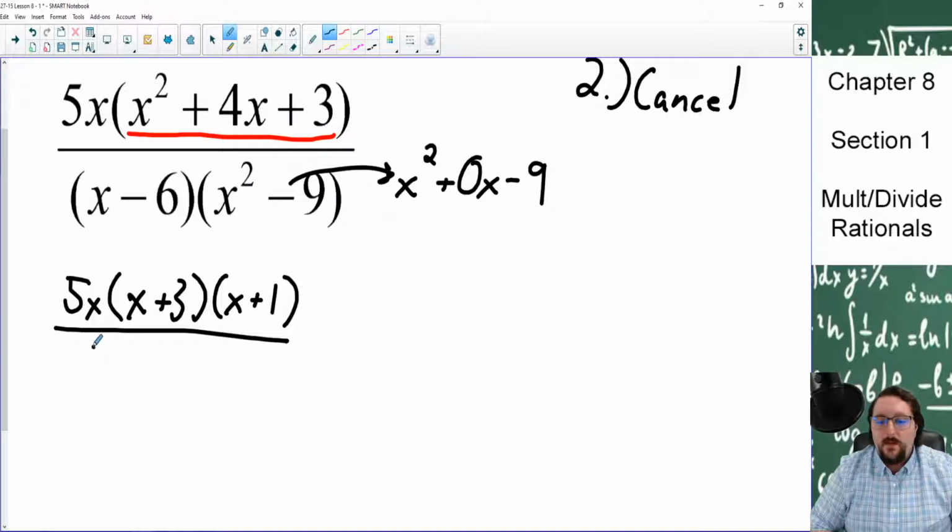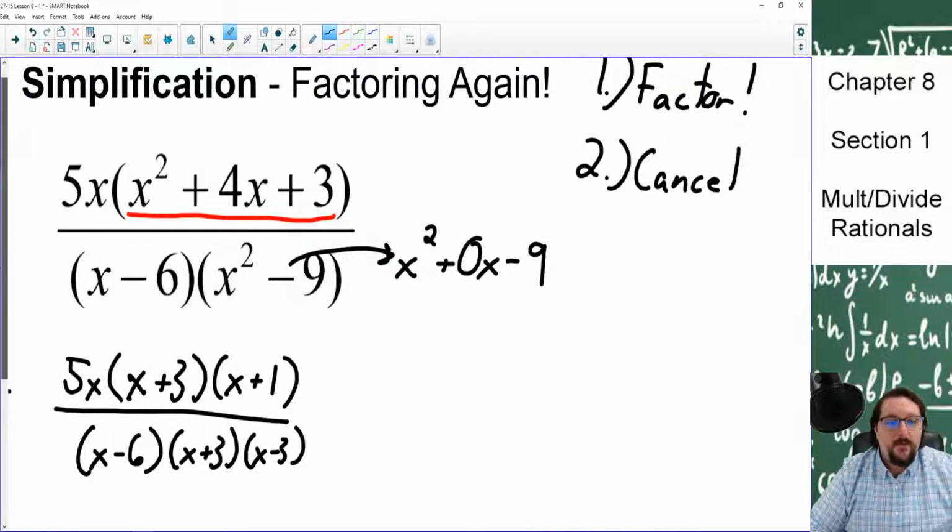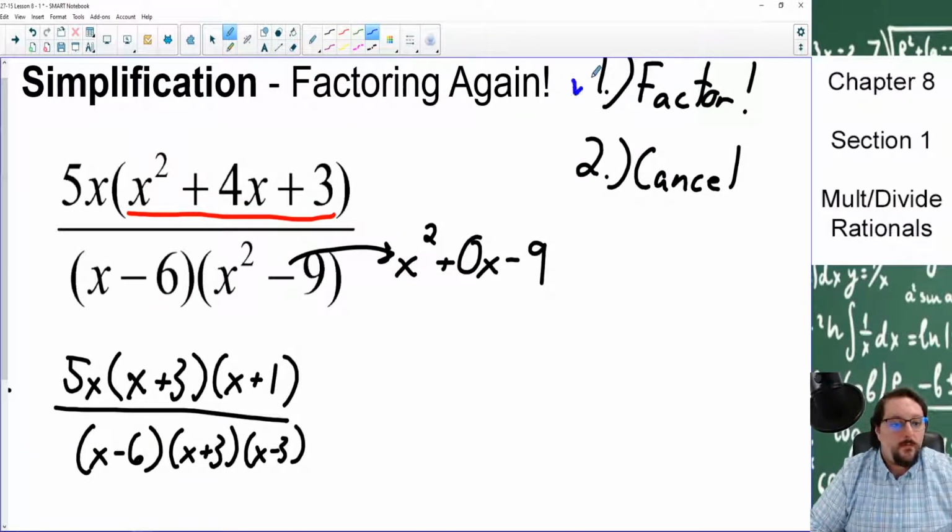And so if I think about it, numbers that multiply to -9 and add to 0, well, to my mind, I think of +3 and -3, right? +3 times -3 would be -9. And if I added them together, I would get a 0. All right, so step 1, factor. Check, we're good there.